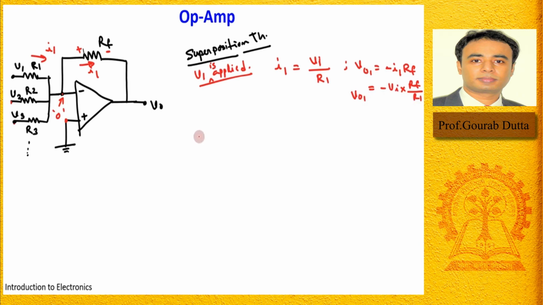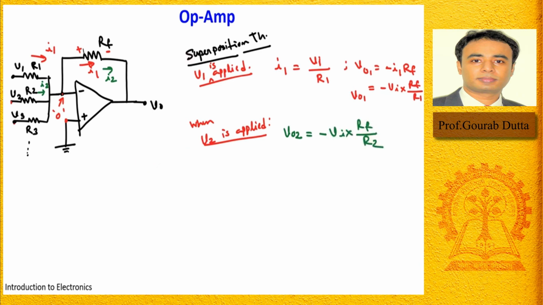Okay, now when V2 is applied, what will happen? Similarly, you can find the value of this I2, and then this I2 has to flow through RF. Then you can also find the value of VO2. If you do that, you will find that VO2 is this, into RF by R2.